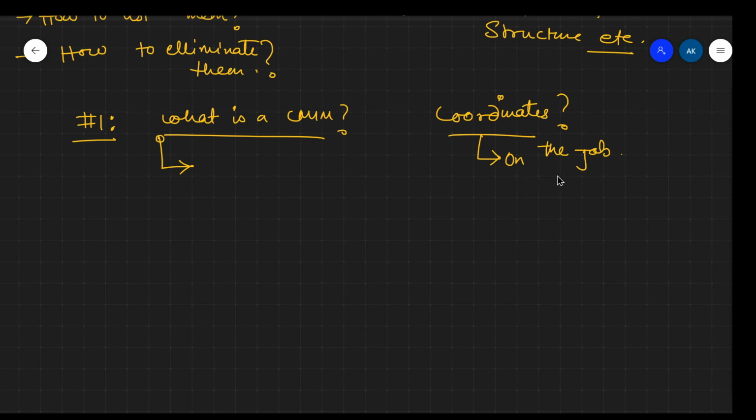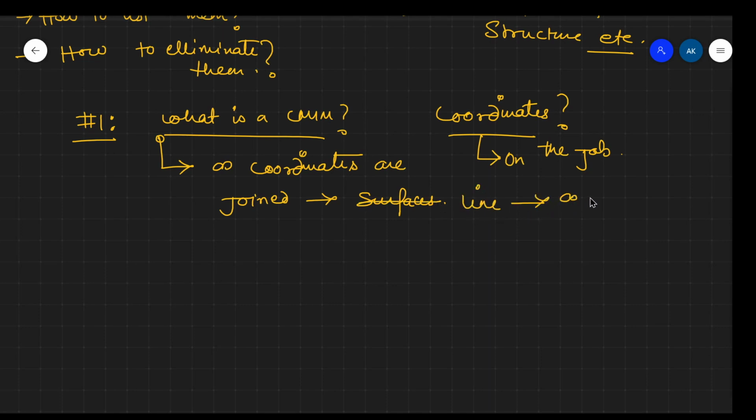What eventually you get is that if an infinite number of coordinates are joined, then you get a line. When many lines are joined, then you get surfaces.